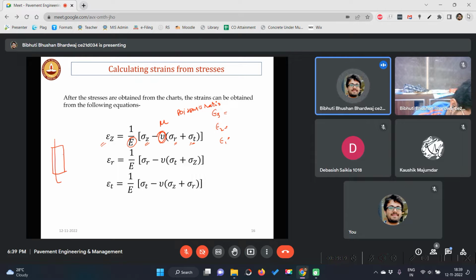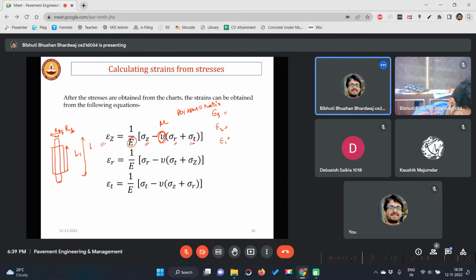You are stretching it. Then this was originally R2. This will become R1 now. So this was R1. This will become R2 now. Yeah, this has become R2 now. Originally this is L1.